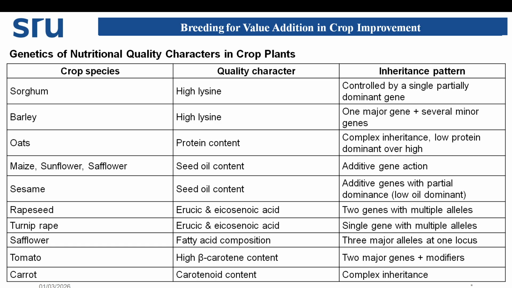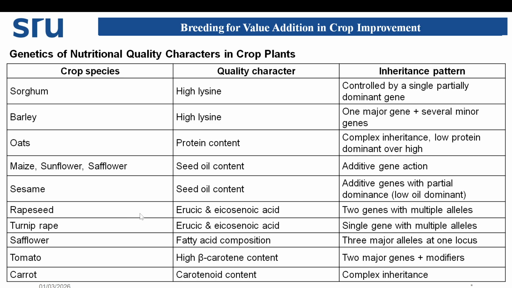In case of maize, sunflower, safflower, seed oil content has additive gene action. Sesame, seed oil content, additive genes with partial dominance. That is, low oil content is dominant over high.